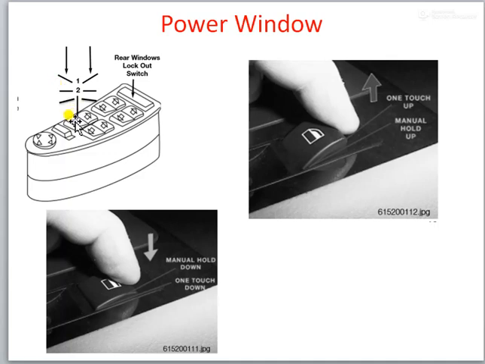He will press the back arrow button up to this level, and if he wants to open only 50%, then he will keep holding this button, and the rear left side window will open up to 50%. If you want to open fully, then he will press this button up to this level and release it. Meaning he wants to open completely, that time he will press once up to this level, and he will release the button, so automatically the window will open fully.